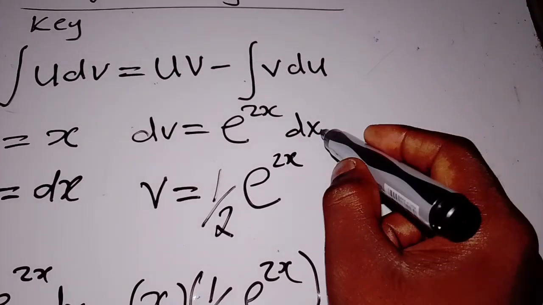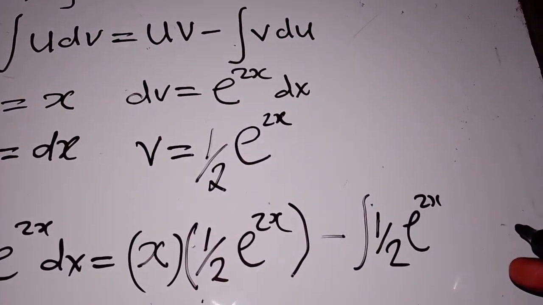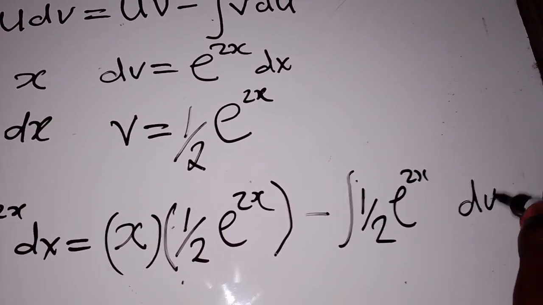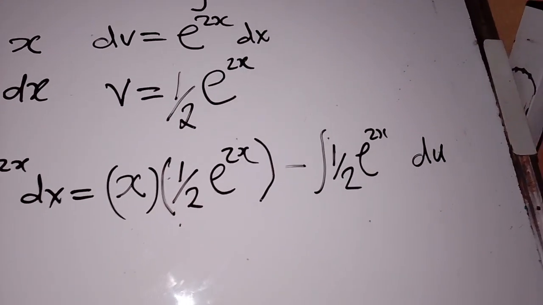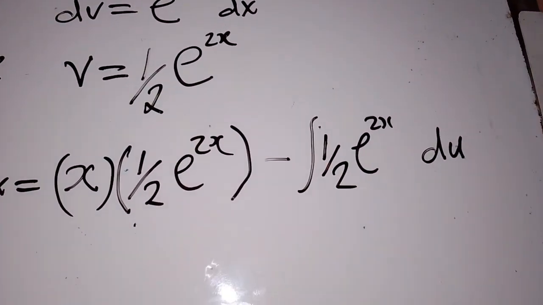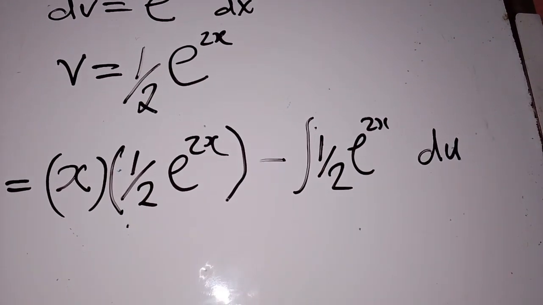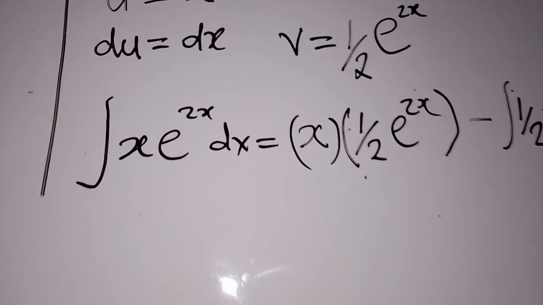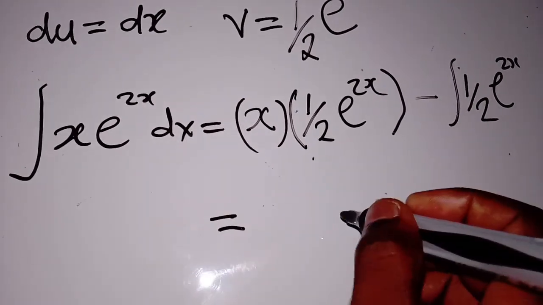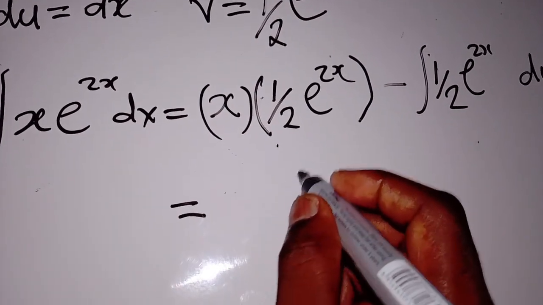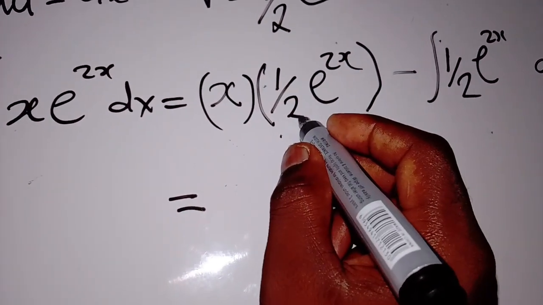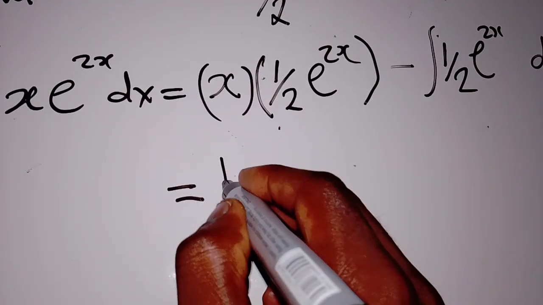So where there is dx, we put du. So du is equal to dx. So in that case, when you multiply this, the half will come here in front.